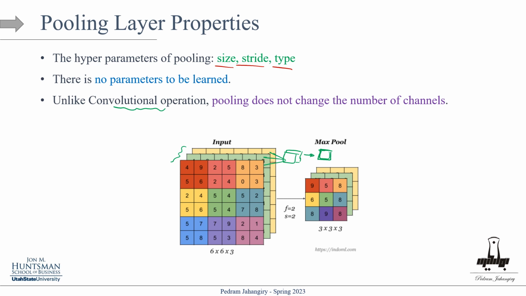So if I have 3 filters or 3 channels here, then the output is also going to have 3 channels, because we are applying max pooling or average pooling to every channel separately. I hope this difference between the pooling layer and the convolutional layer is clear now.